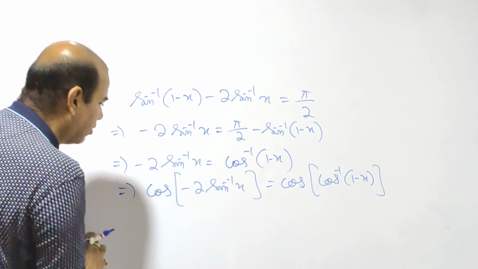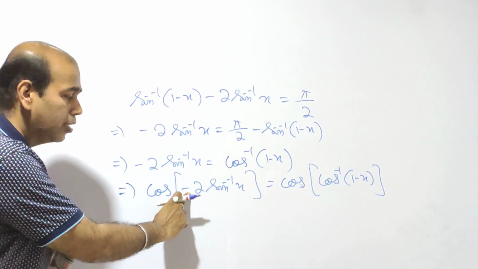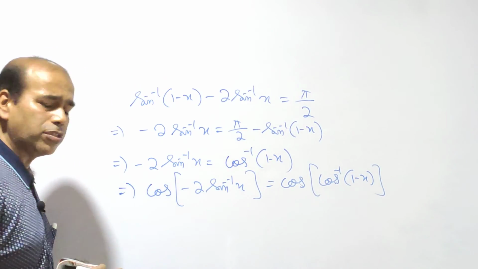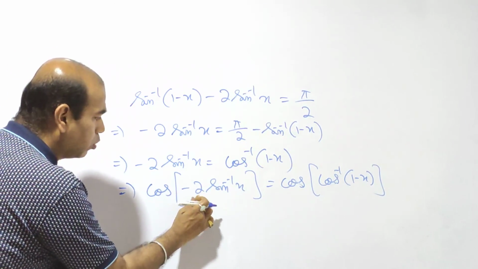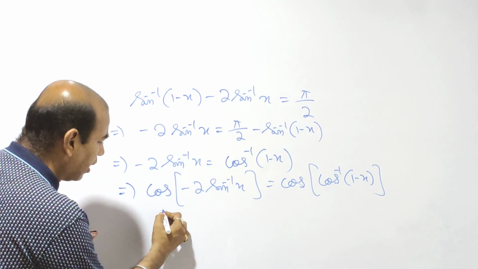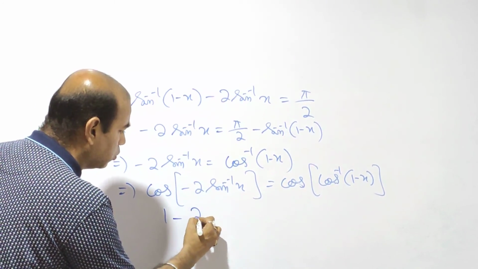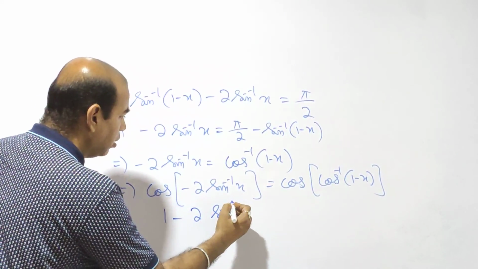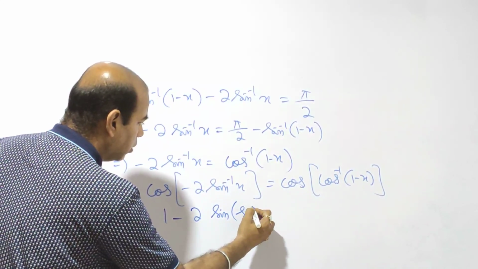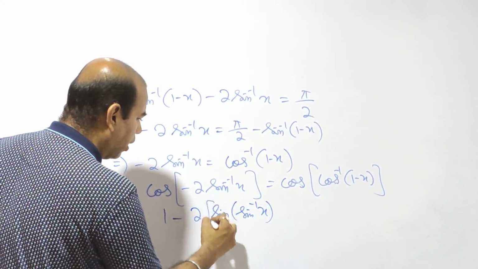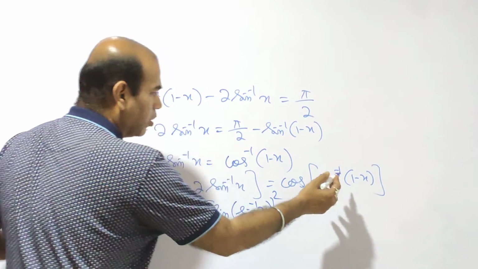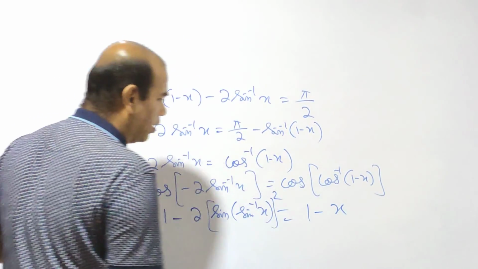I am writing one step directly. This minus is becoming positive. Ultimately cos 2 theta. Cos 2 theta can be written as 1 minus 2 sine square theta, which equals, this cos and cos cancel, 1 minus x.